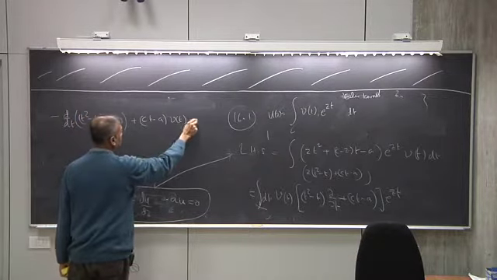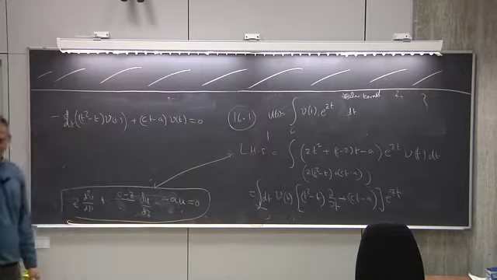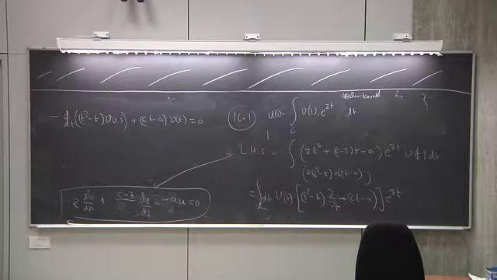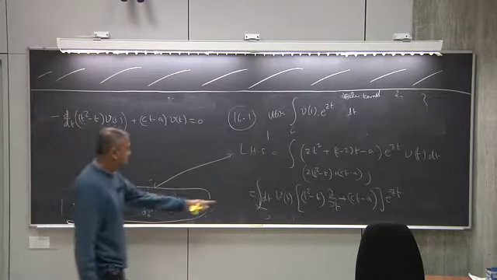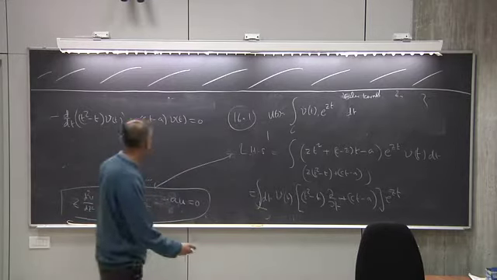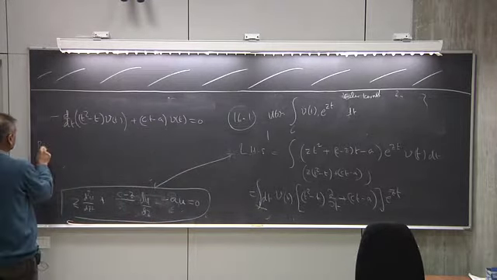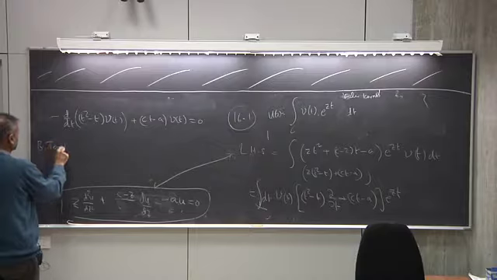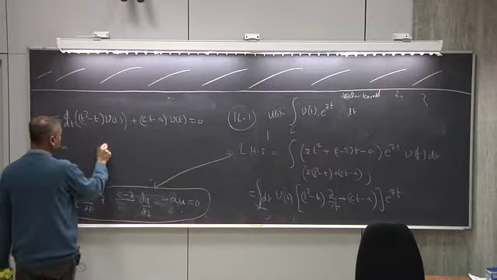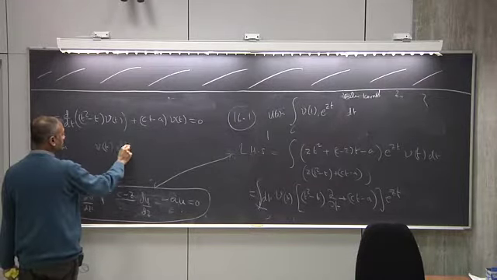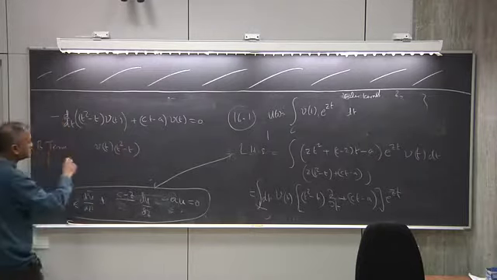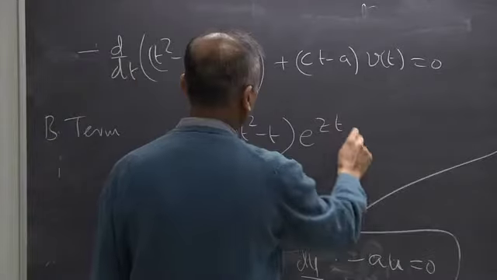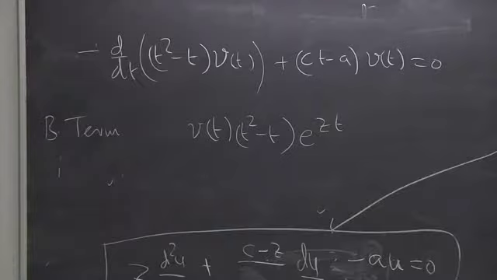This must be 0. And the boundary term is simply vt times (t squared minus t) times e to the zt.